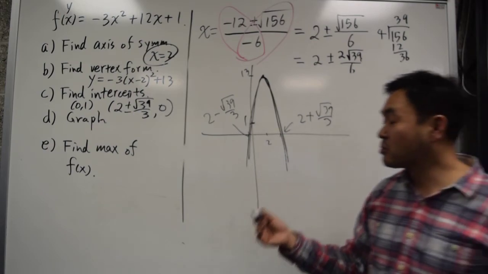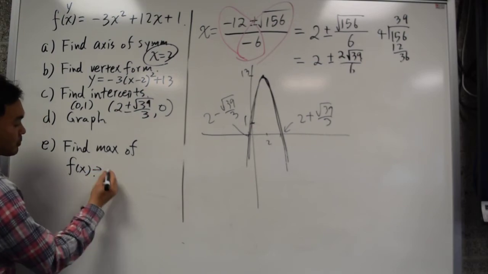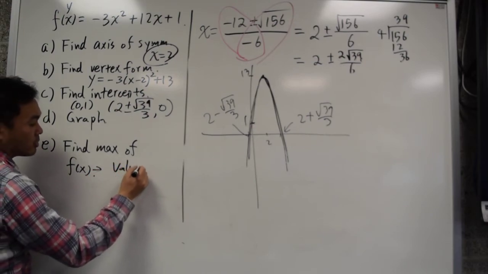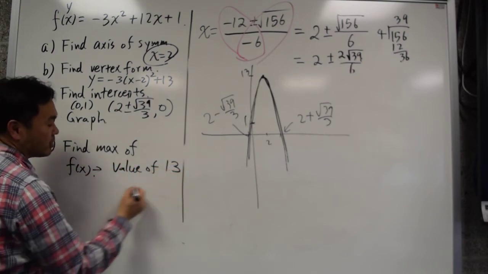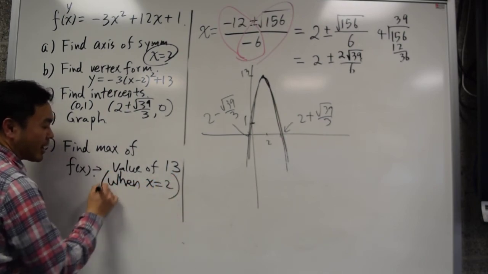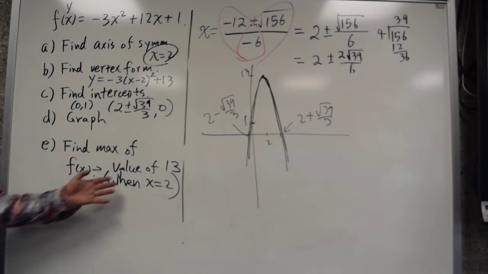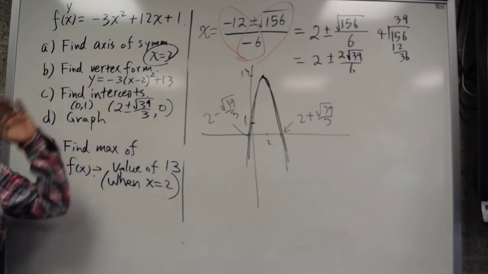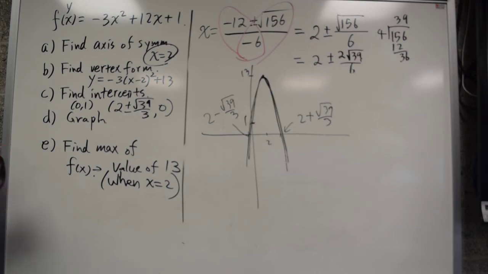So the answer to E is a value of 13 when x is 2. You might just add this to support your argument. When x is equal to 2, you get this value of 13. And in other words, if you want to find the maximum value of a function, you're really trying to find the vertex. That's what it is.